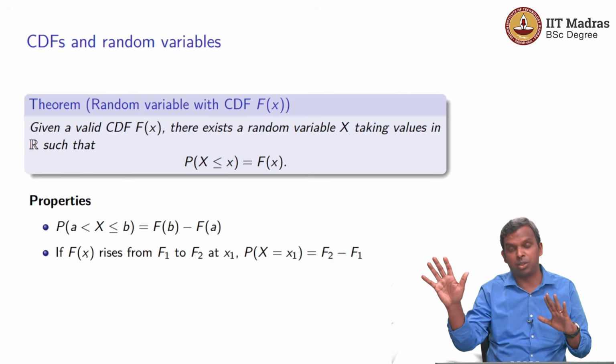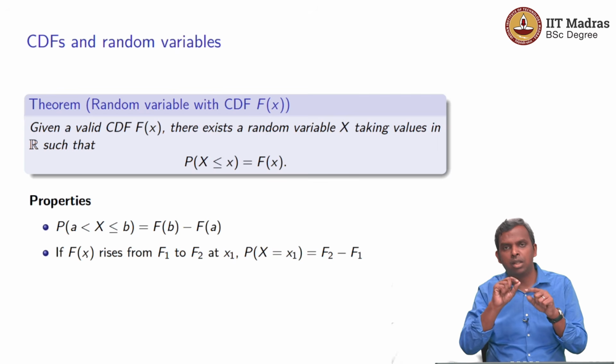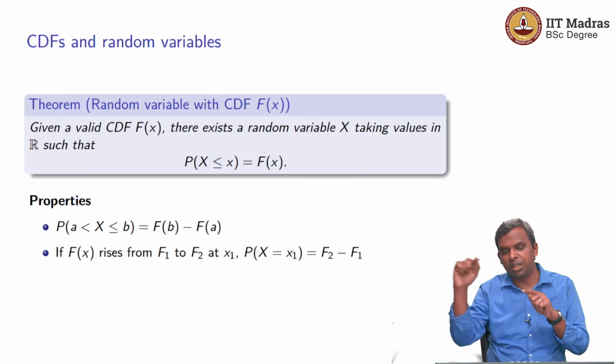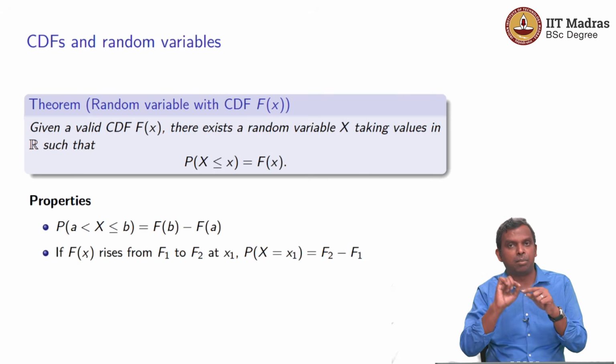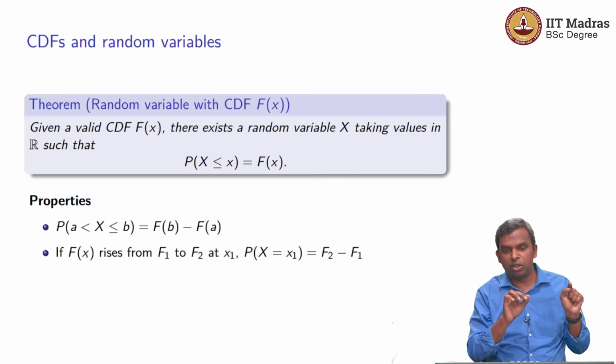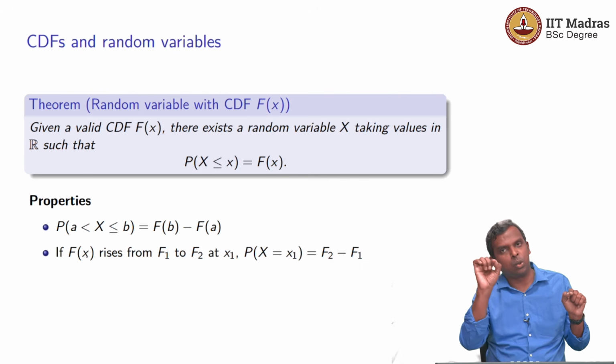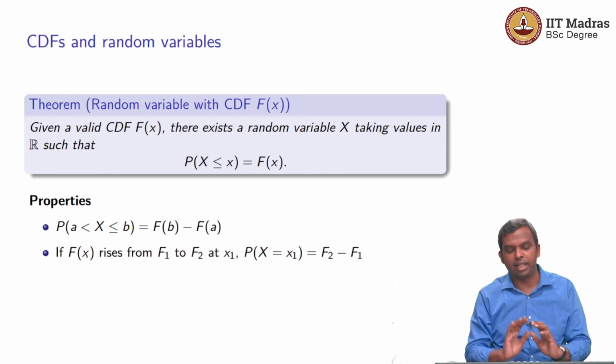But for continuous random variables, we allow for a continuous line also. A CDF can be continuous, but it can also have jumps. Jumps are not disallowed. So the CDF has to start at 0. It has to keep increasing. It cannot decrease. It has to increase all the way to 1. It can increase either by jump or slowly, steadily, in a continuous manner.